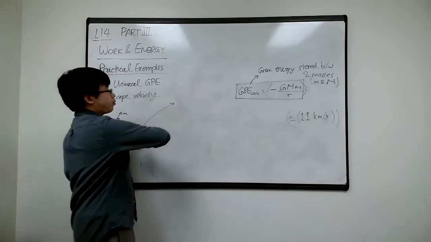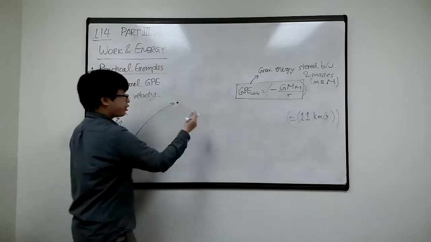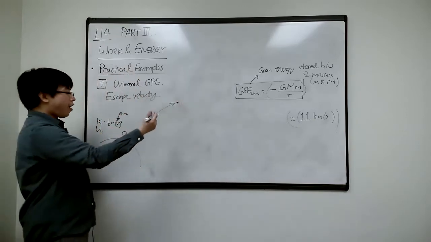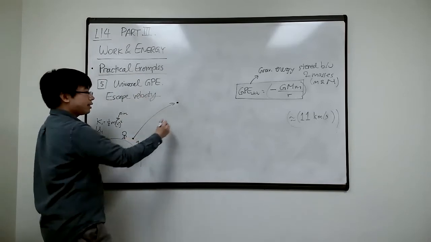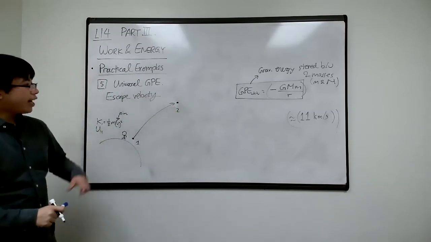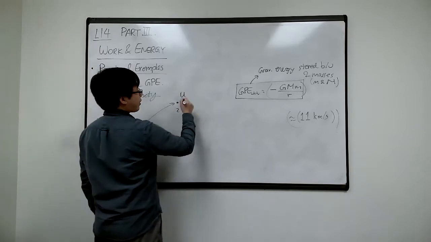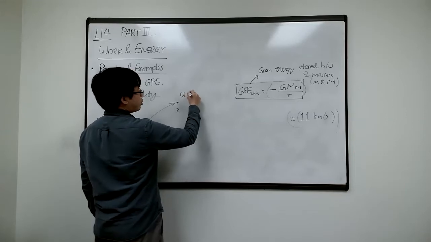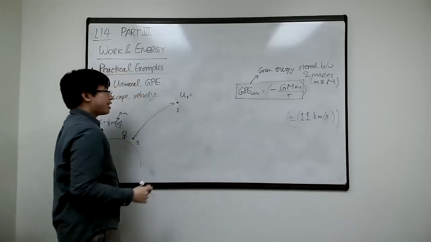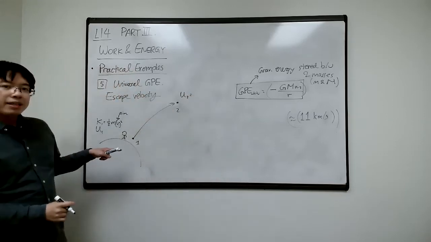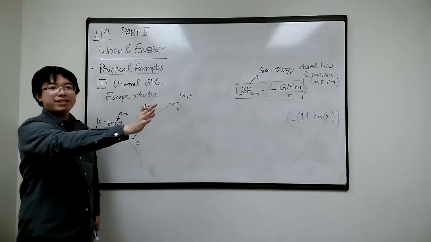So at the far point, I need to find 2 points to compare. So this is point 1, point 2. If I still have some gravitational potential energy, if U2 is some value, I will ultimately be dragged back, right? I need to be free of any gravitational force.